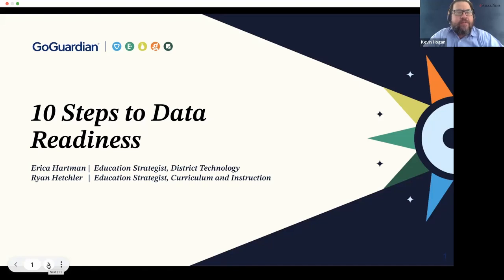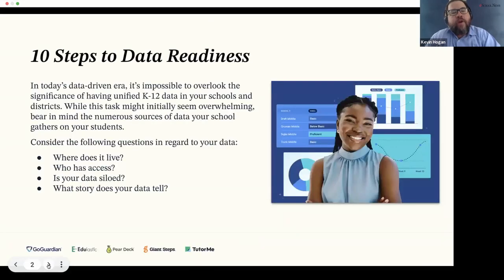Going back years, even before the pandemic, the idea of how you use data and how you keep data safe was always a topic that was at times controversial, especially when it came to data privacy, but always really important for any district to have success. And so before we get in the weeds, Erica, maybe you can lead us into a little bit of the big picture and where you see the data question from GoGuardian's perspective.